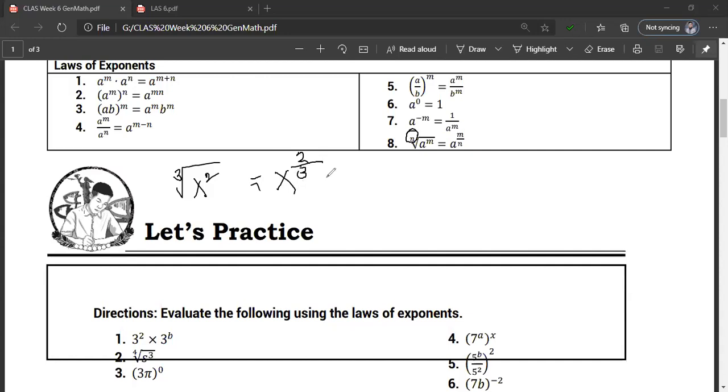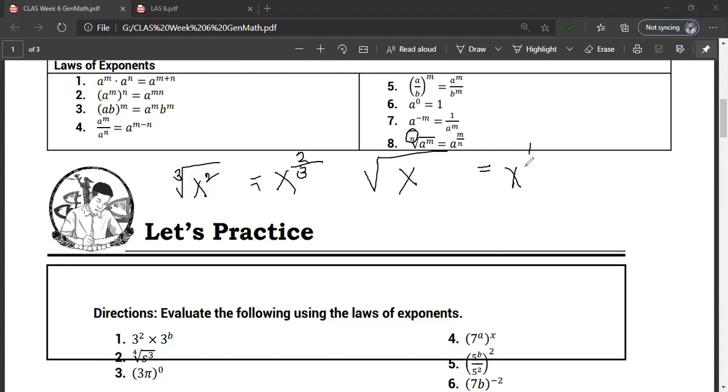Okay? So, kunwari, paano po pag ganito lang, square root of x. Sige, first question. Ano ang exponent ng x sa ating square root of x? One, sir. Okay, very good. So, x raised to 1.